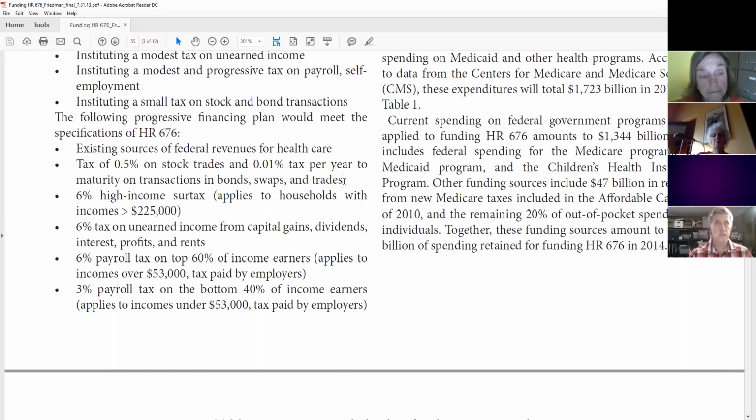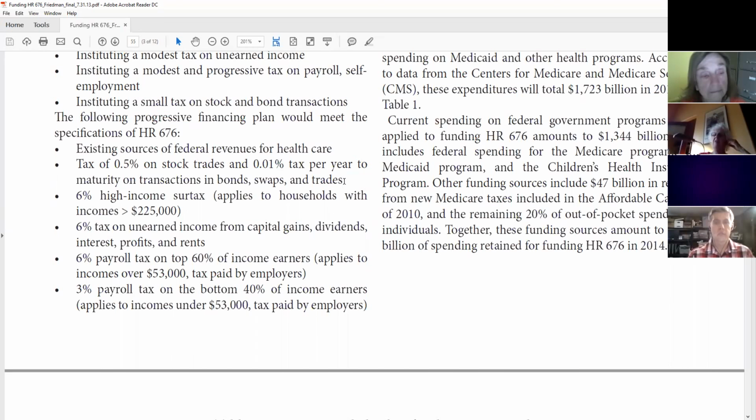Okay. So we're talking about this 0.5% tax on stock trades and 0.01% tax on bonds and swaps. That is not in the calculator. I couldn't figure out a way to make the calculator easy to use, and I was afraid that adding that in would add complexity and scare people away from it. And it also is not a standard tax now.